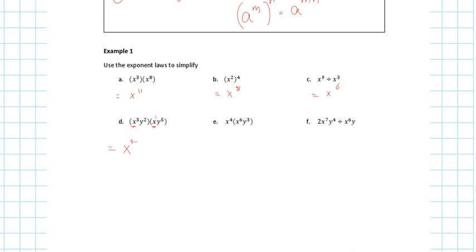And for the y, I'll do the same thing. I have a multiplication between the two brackets. You see that? So I have 2 plus 5. So that gives me x to the power of 4, y to the power of 7. Okay? So remember that we can only do that with the same base.